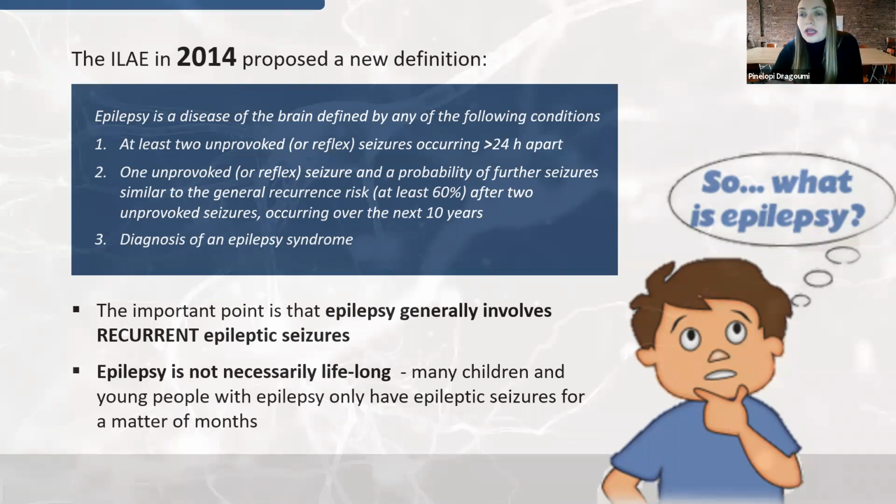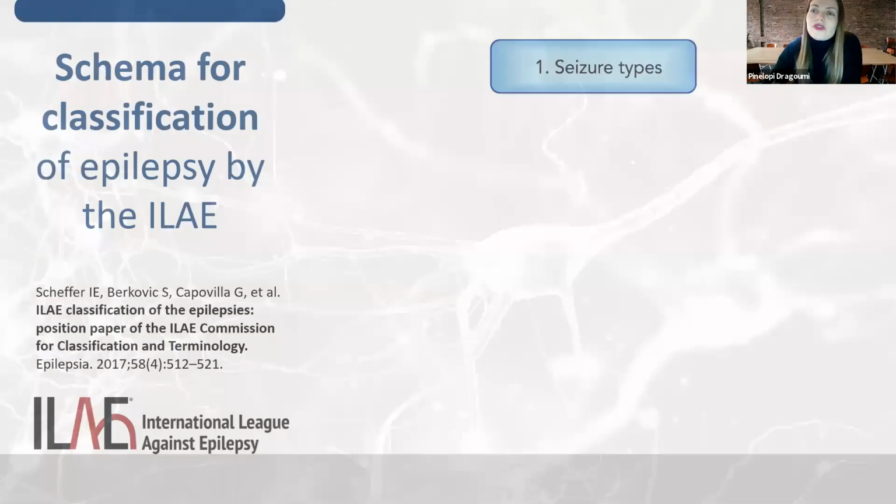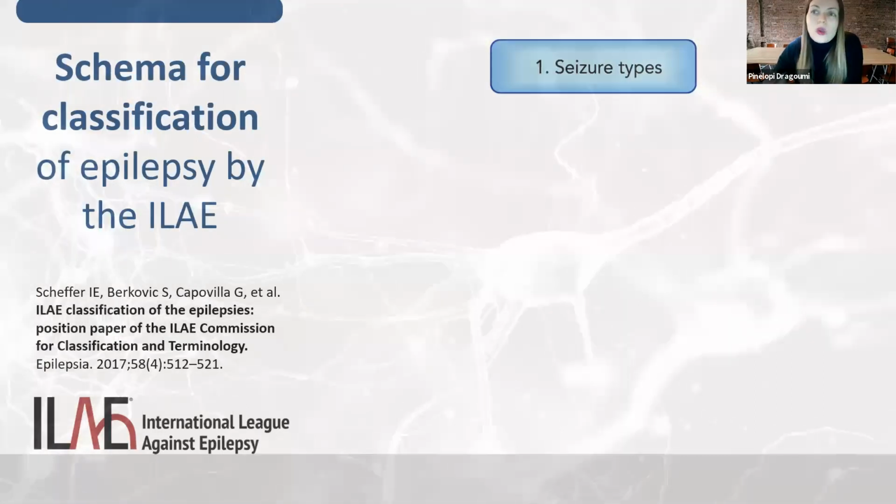They might be on anti-epileptic medication for a few years, and then this epilepsy might self-limit itself. So this is a very useful way of thinking of epilepsy. So we need to start from the seizure types.